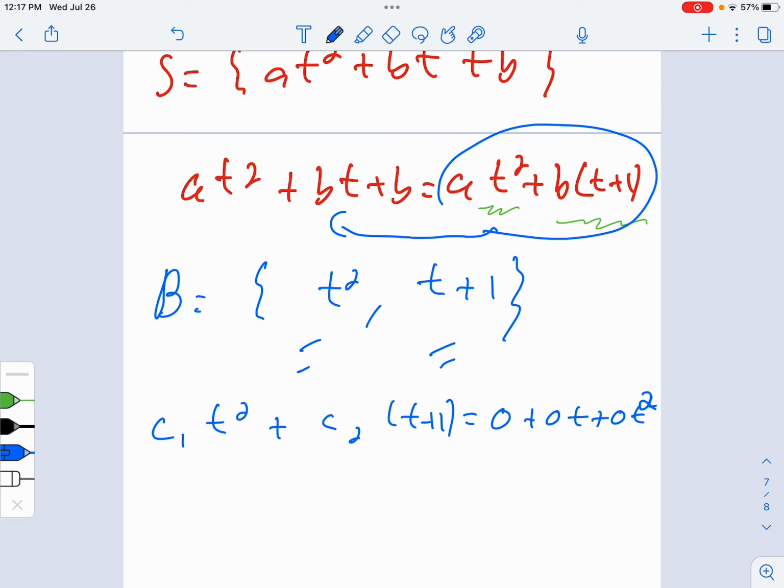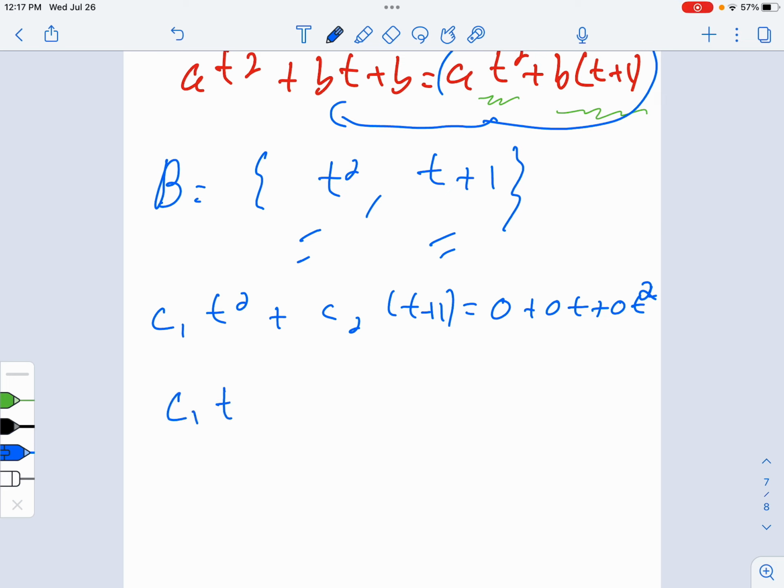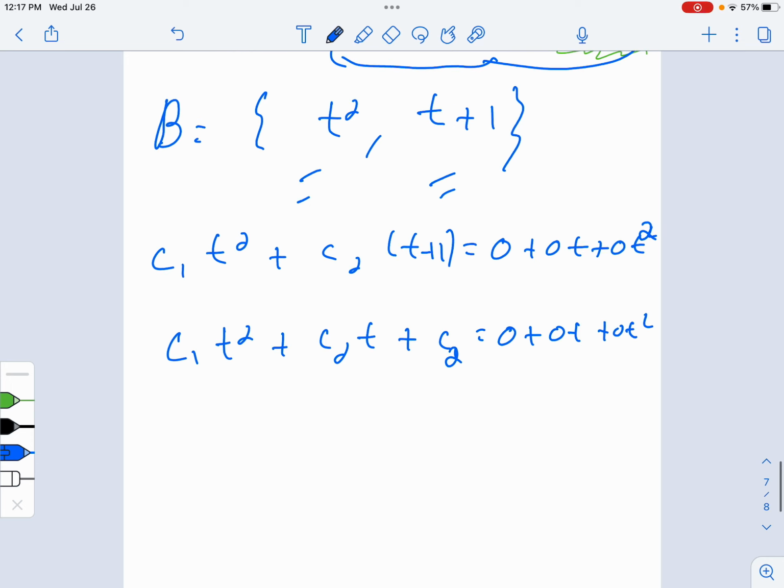It means whatever 0 is represented as in the space that you're working with. In this case, this vector space is polynomials, degree 2. So 0 is like saying 0 plus 0t plus 0 times t squared. And if you went ahead and distributed the c2 here, this is what you'd get, and I still set it equal to that stuff over there.